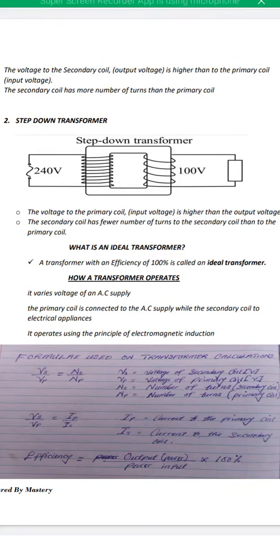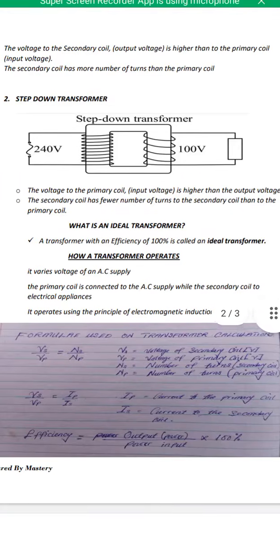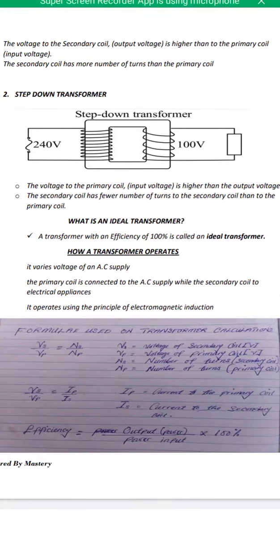You may also want to calculate the current. The voltage to the secondary coil divided by voltage to the primary coil is equated to the current to the primary coil, Ip, divided by current to the secondary coil, Is. How do we calculate efficiency?